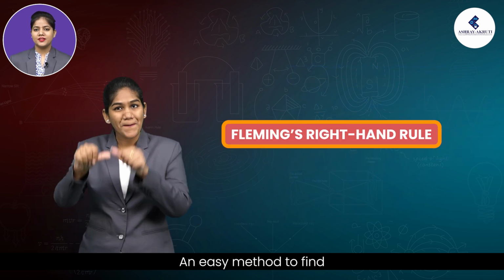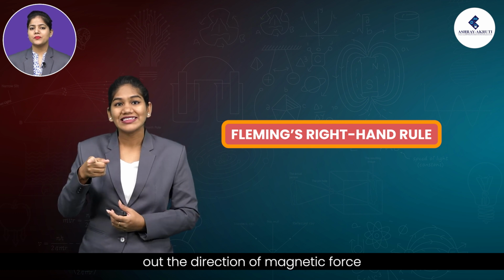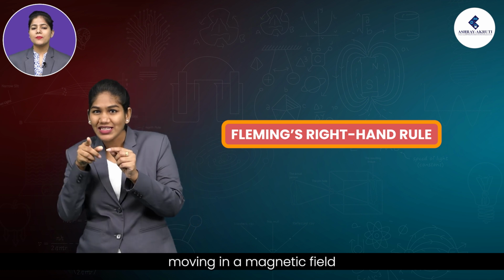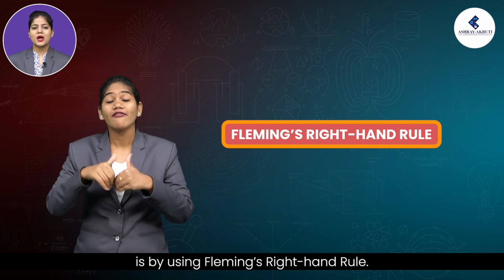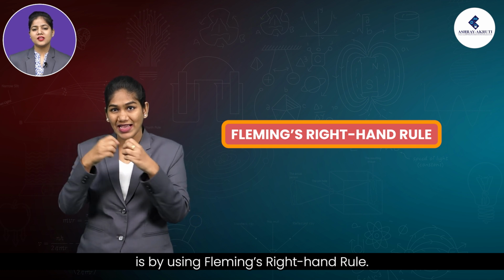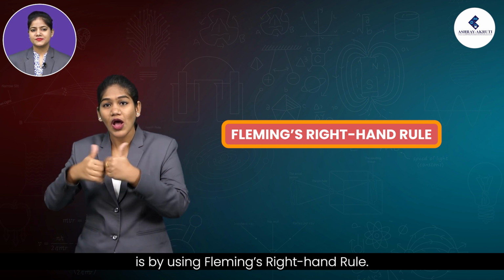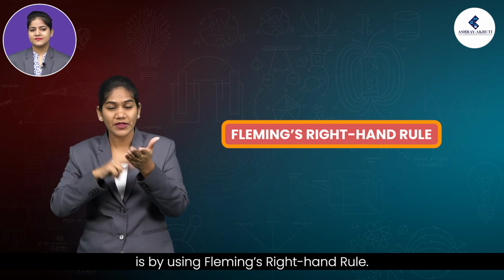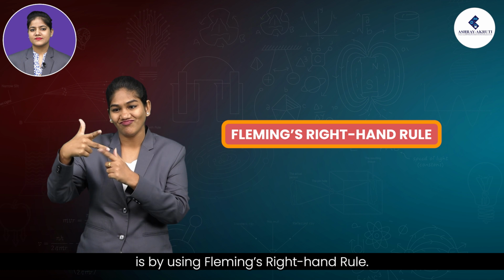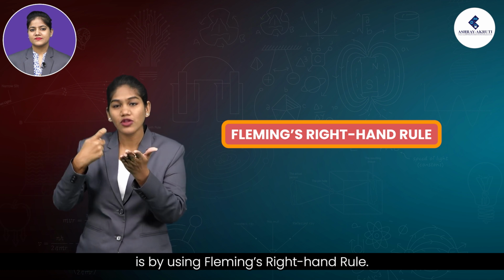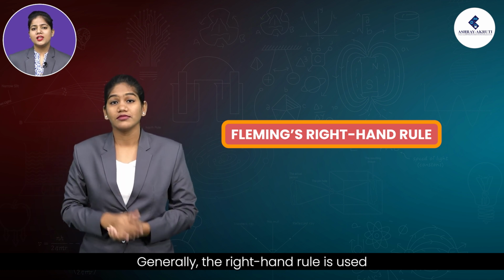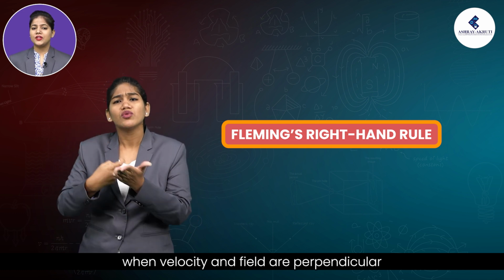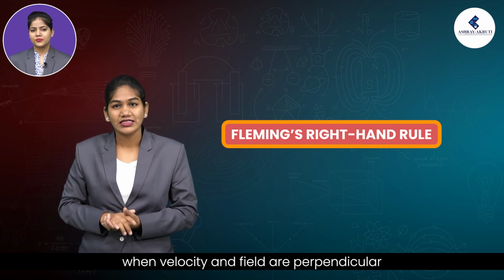An easy method to find out the direction of magnetic force acting on a charge moving in a magnetic field is by using Fleming's right-hand rule. Generally, the right-hand rule is used when velocity and field are perpendicular to each other.